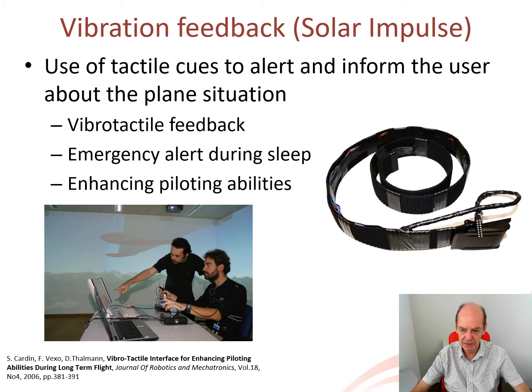And this is interesting because for the pilot it should have really little weight. It cannot have any device, and so we have developed a kind of vibro-tactile feedback in this belt.